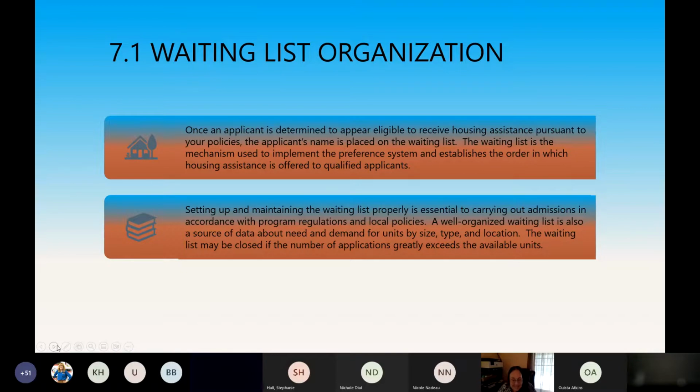Setting up and maintaining the waiting list properly is essential to carrying out your admissions in accordance with program regulations and policies.